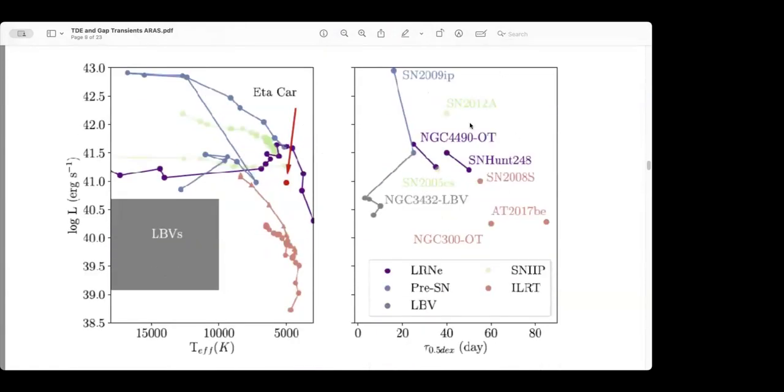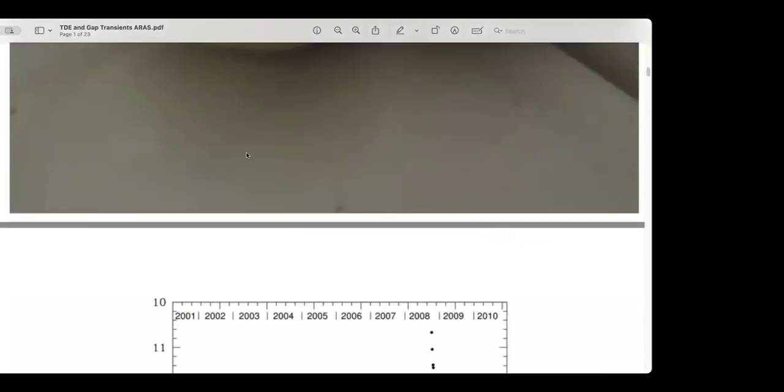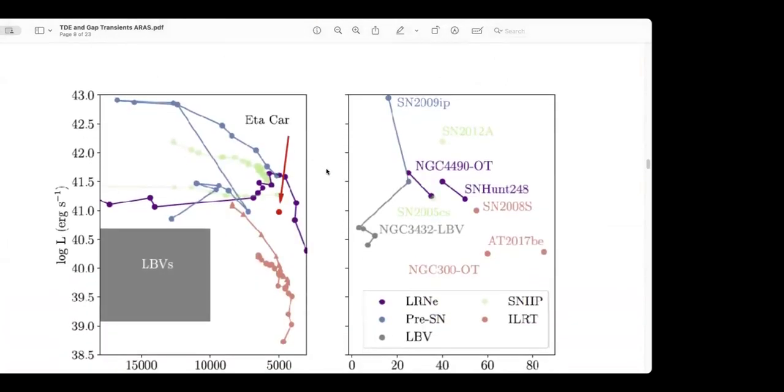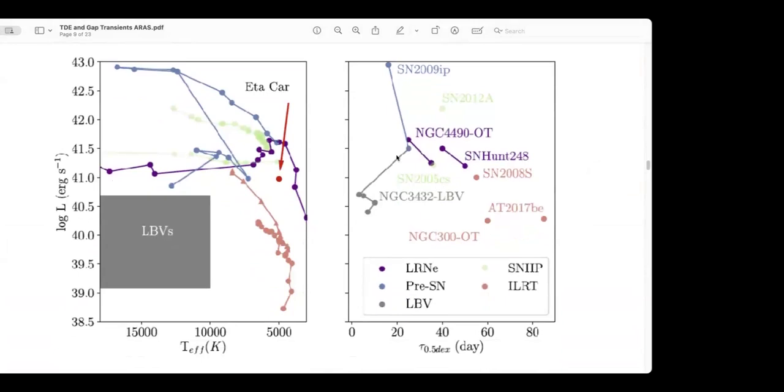This is the distribution of them, that these optical transients occupy a kind of intermediate regime here between core, excuse me, between core collapse supernovae and the luminous blue variables. So here, they show recurrence. This is something we can just leave behind.